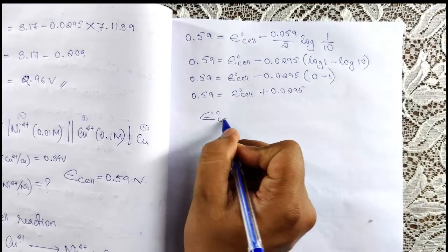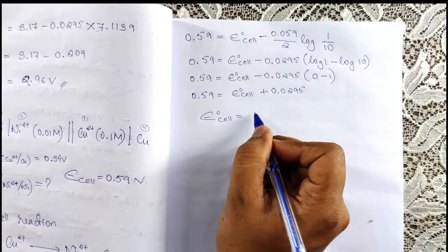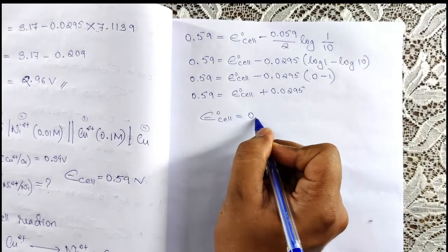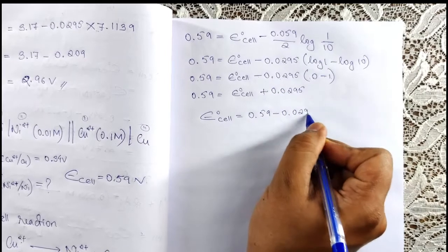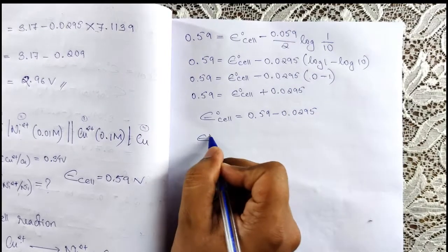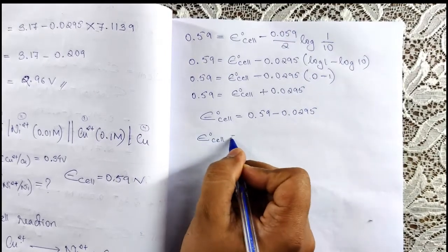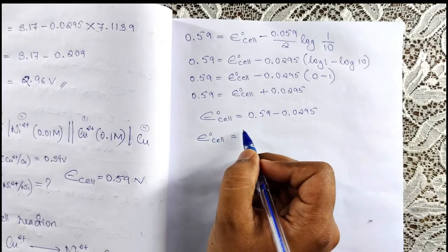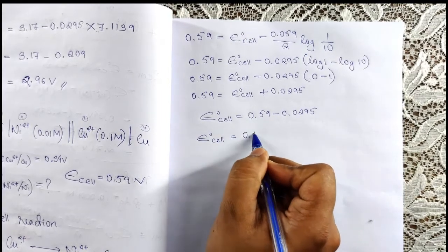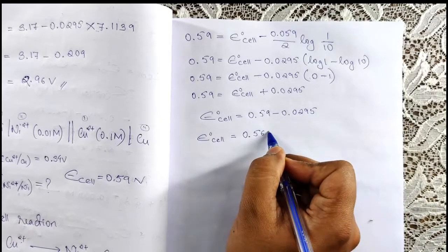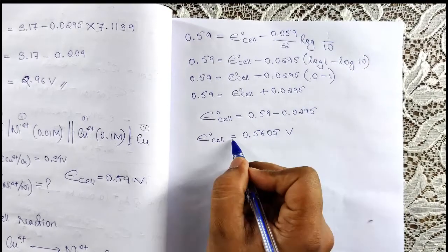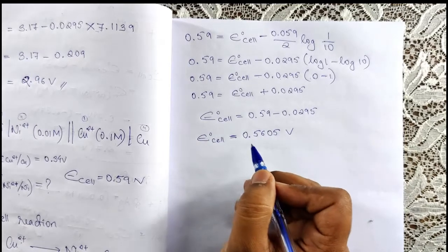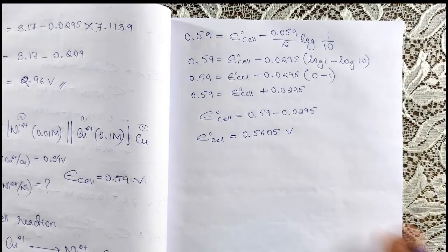So E naught cell will be 0.59 minus 0.0295. So E naught cell will be 0.5605. So this will be your E naught cell. So now still we are not done.